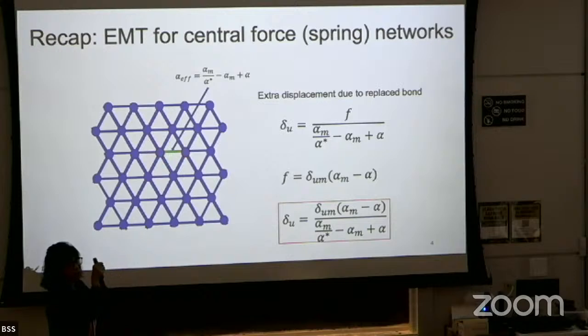As a result, this bond will either stretch or compress depending on whether the spring constant is larger or smaller than all the other spring constants. So this delta U is an extra fluctuation in the displacement, on top of the overall displacement that you applied in the beginning.